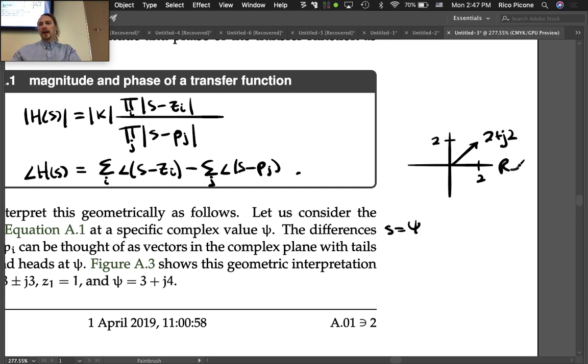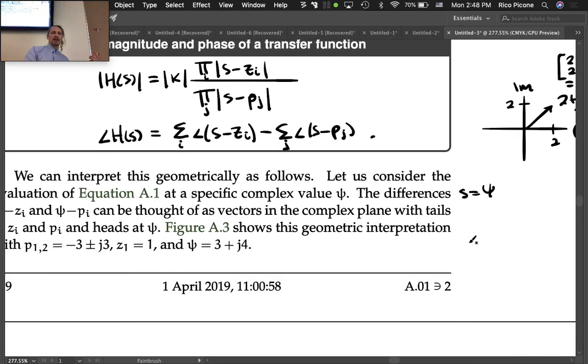This is the real axis, this is the imaginary axis. If you think of that as being a vector, say equivalent to the column vector 2, 2, then we can do things like vector addition and vector subtraction using complex numbers.